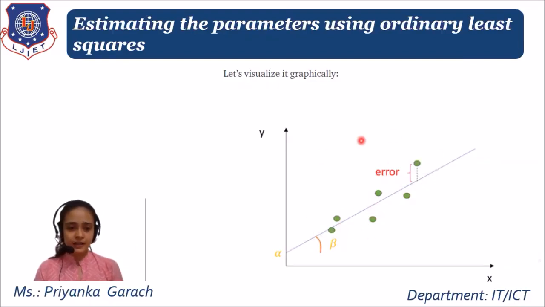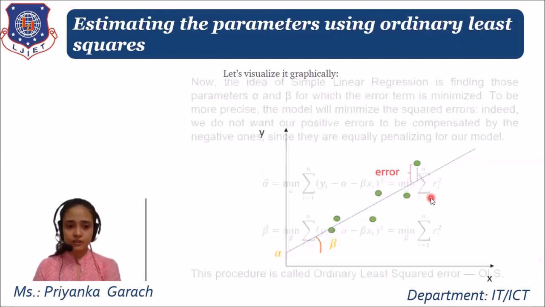Then I can do the summation of all the errors, and the positive and the negative errors will not get cancelled with each other. So the solution to this problem is that we have done the square of all the errors.